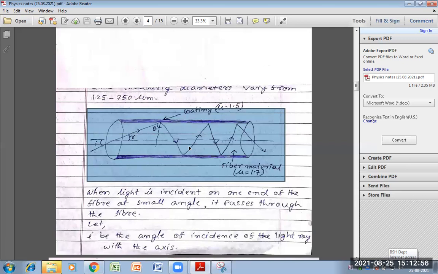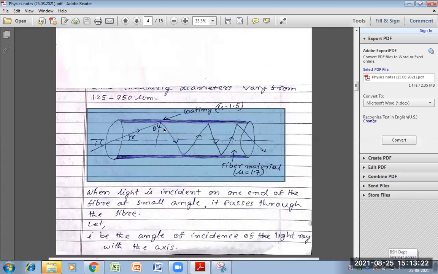The light beam enters at an angle I to the axis of the fiber. The ray gets refracted at an angle R and strikes the core-cladding interface at the angle phi. Suppose angle phi is given here.